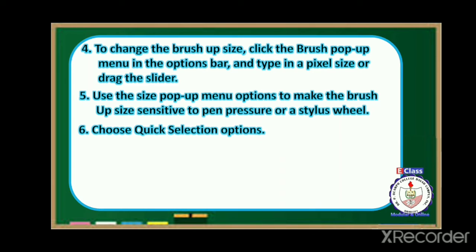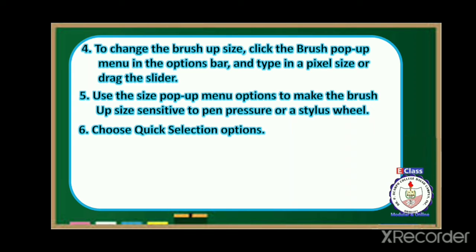Six, choose quick selection options. We have two. One is sample all layers, to create the selection based on all layers. Second is auto enhance, to reduce roughness and blockiness in the selection boundary.